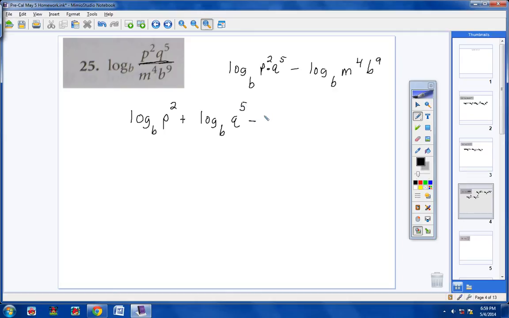When I put a minus sign, I notice I'm going to split this log up, so I'm going to go ahead and put parentheses because this minus sign right here that I brought down to here is going to go to everything inside of that parentheses. So I'm going to put log base b of m to the 4th plus, now why a plus sign? Because the m and the b are multiplying, so plus log base b of b to the 9th.